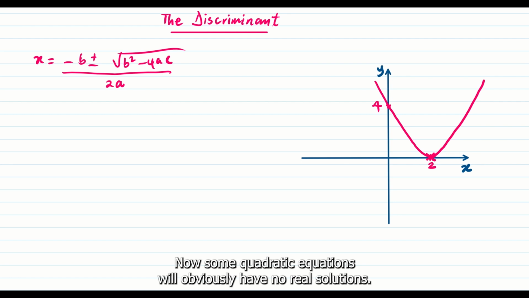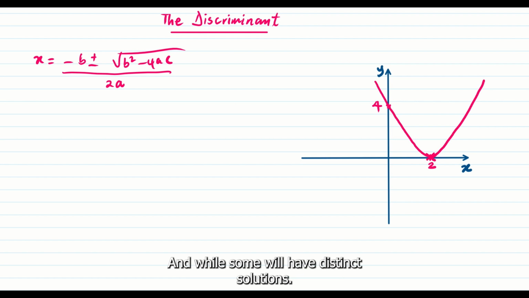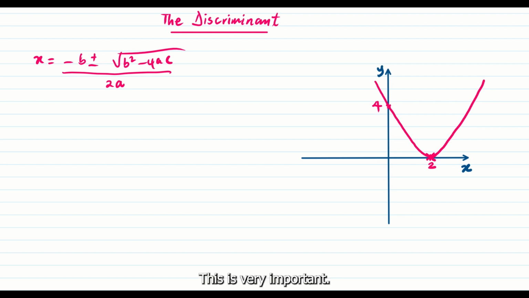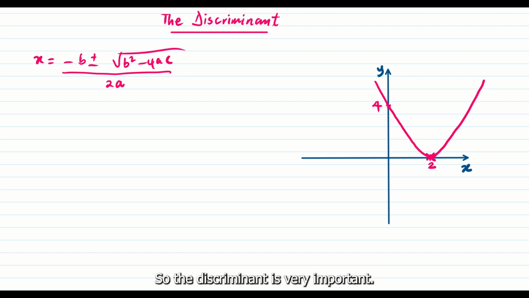Some quadratic equations have no real solutions, some will have equal real solutions, and some will have distinct solutions. This knowledge is very important because questions in your examination will come from this part of learning about quadratic equations. Okay, so the discriminant is very important.